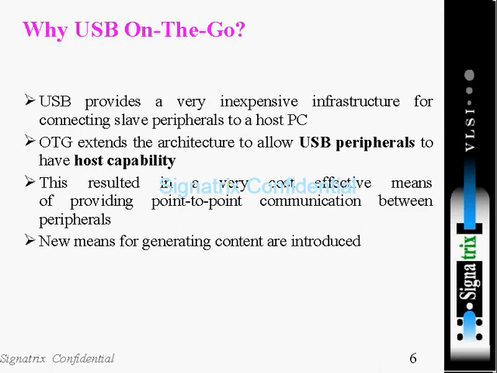Next, this is also a beautiful question: why USB OTG? USB provides a very inexpensive infrastructure for connecting slave peripherals to a host PC. We all know that the invention of USB is a very vital thing in PC peripherals, right? Because it has only 4 lines, and speed and port connections.